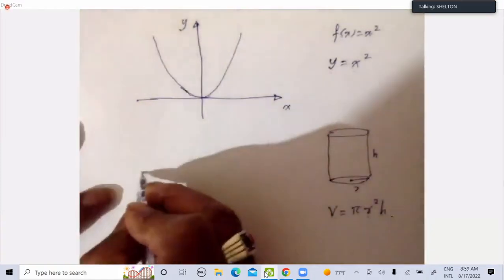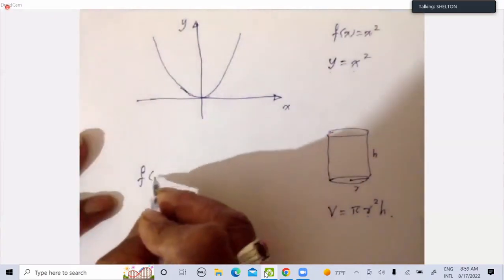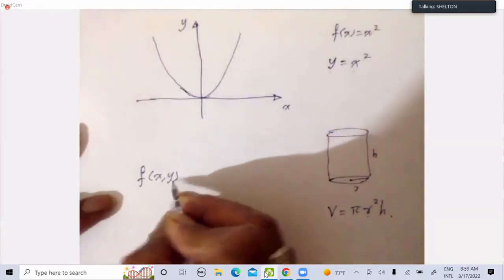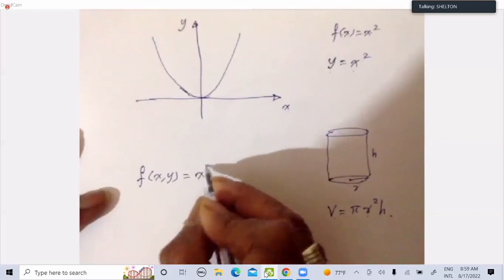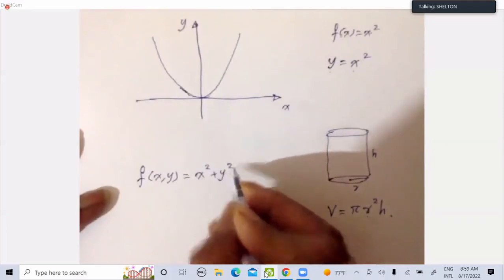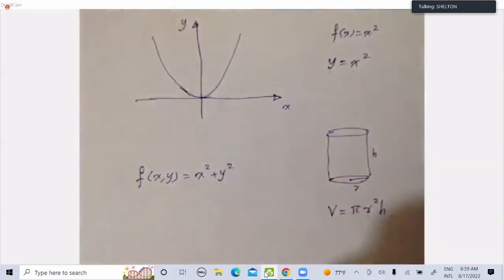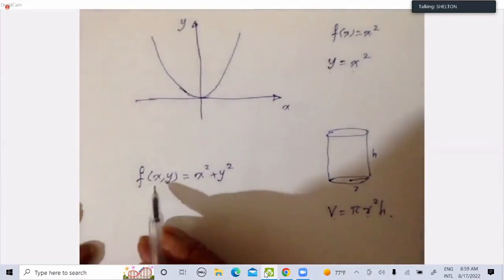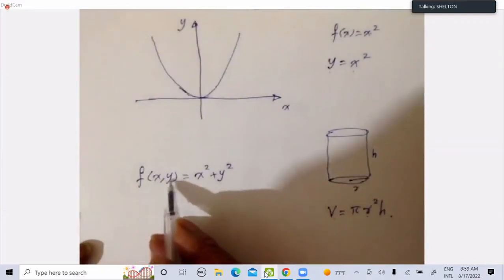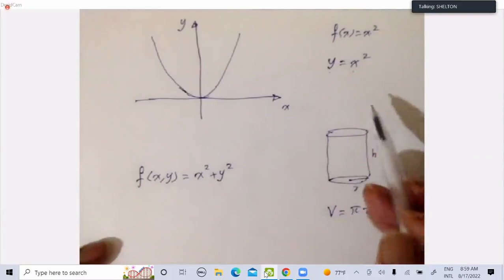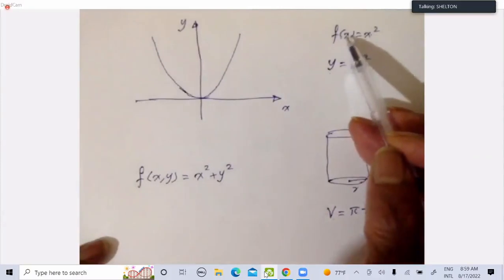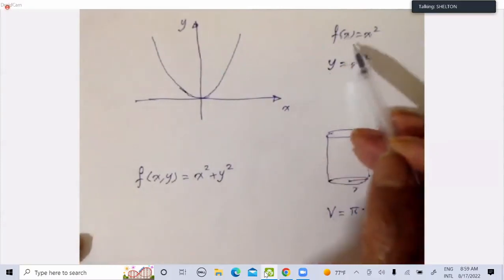Similarly, we can talk about something like f of x comma y equals x squared plus y squared. This is a function of two variables. When you put one input for x, it is one real number.